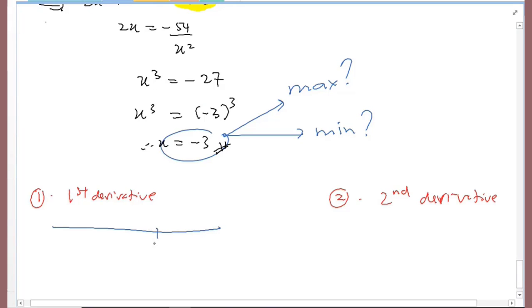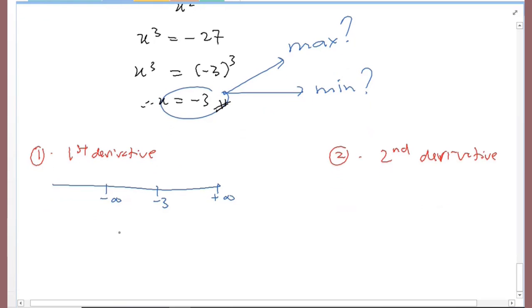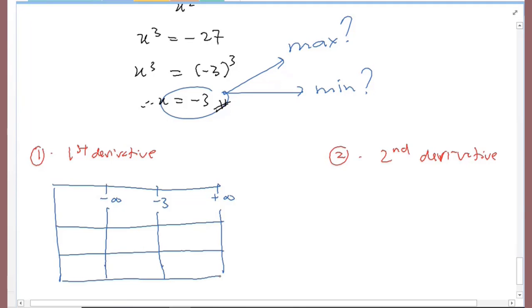This one consists of only one value for x. If there are two values, you make a table with columns. So this is dy/dx, and this is the pattern of the graph, the interval, increase or decrease.